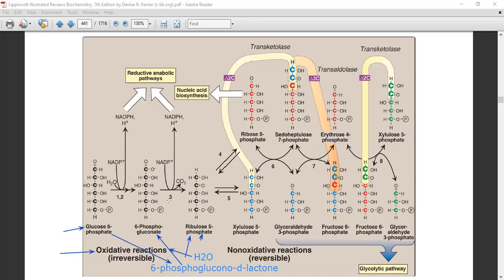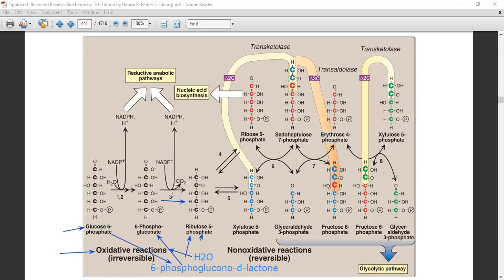Now the third, directly as they have written, from 6-phosphogluconate to ribose 5-phosphate, another NADP undergoes hydrogenation, and you can also see there is removal of one carbon in the form of carbon dioxide.